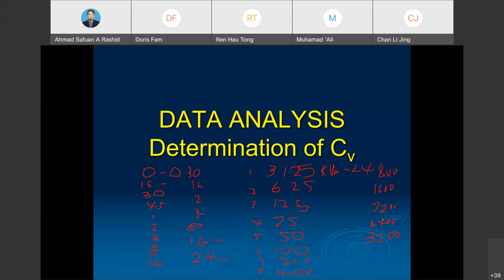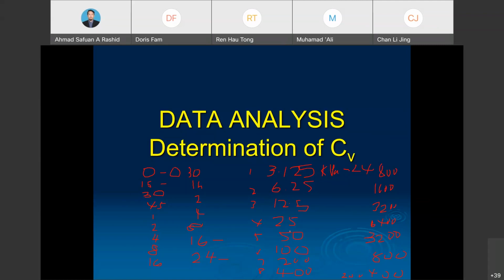We need a very slow step of unloading. So maybe it can go below 800, then 400, then perhaps we can stop at 200 only. So this is the normal step, and again we need to refer to the standard. We cannot jump from 3.125 to 50, or we just start at 50 kPa.